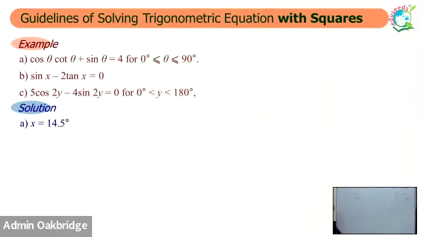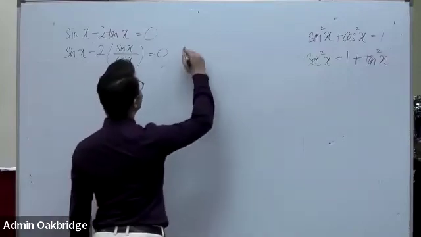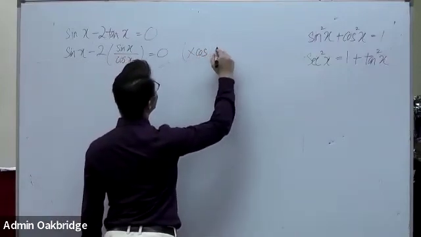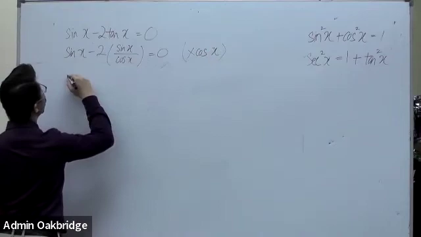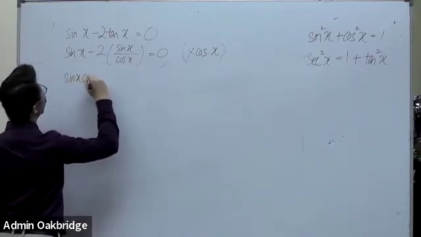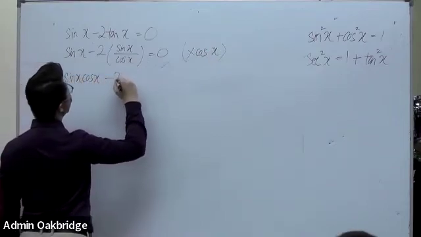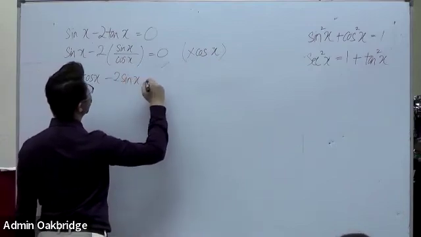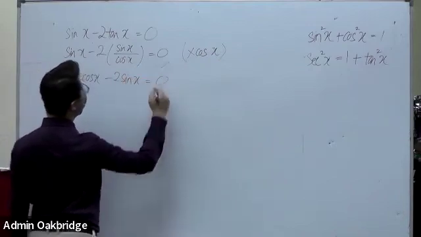And then you see the denominator, so you multiply by the denominator. So you have sine x cos x minus 2 sine x equals 0.